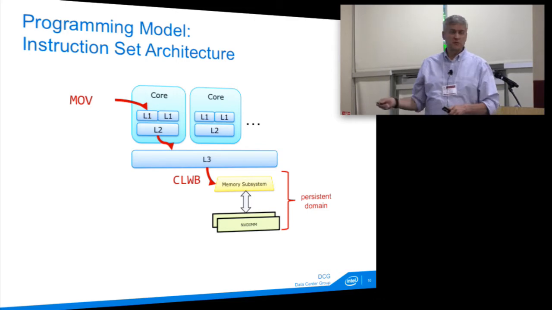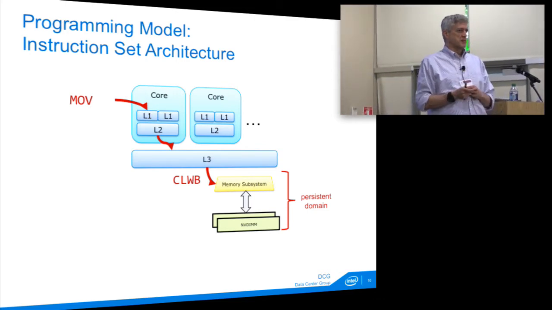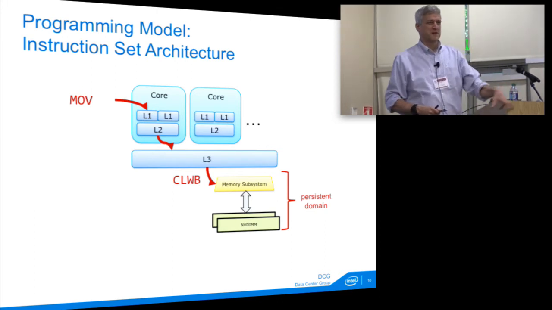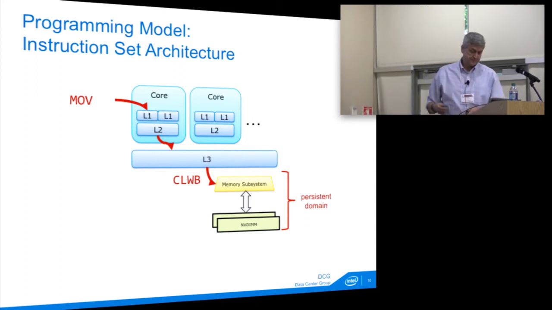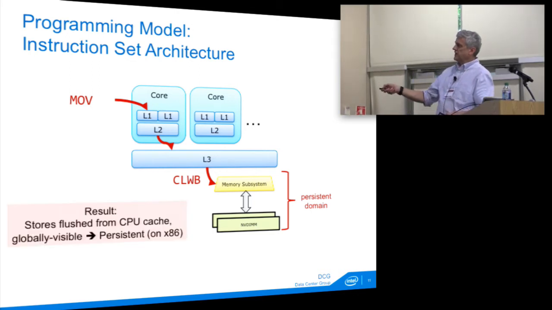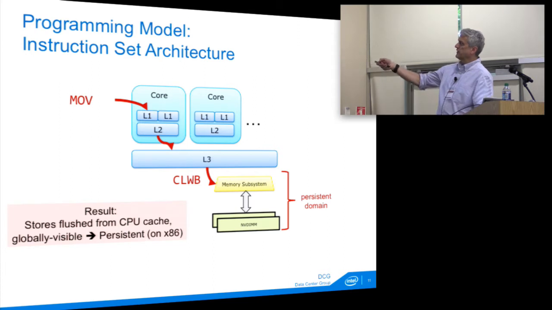And the amount of power that it would take to guarantee that everything in those caches is persistent is a pretty heavy lift. It would take a battery. So we'd basically be requiring every system to have like a motorcycle battery attached to it. So that's not going to happen, at least for a while. I haven't given up. And so the result here is that of this programming model, if the stores are flushed from the CPU cache and they're globally visible, just to be painfully correct there, then they are persistent.